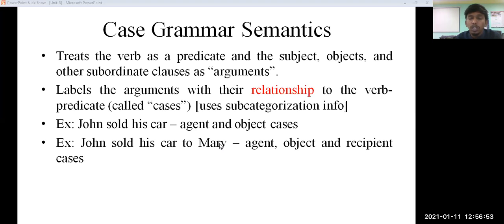There are two nouns, John and Mary, and Mary is the recipient case. In this manner, text in various languages can be understood in depth. That's why we have seen the disadvantage of NLP, that it needs a lot of training. That is one important disadvantage of NLP.